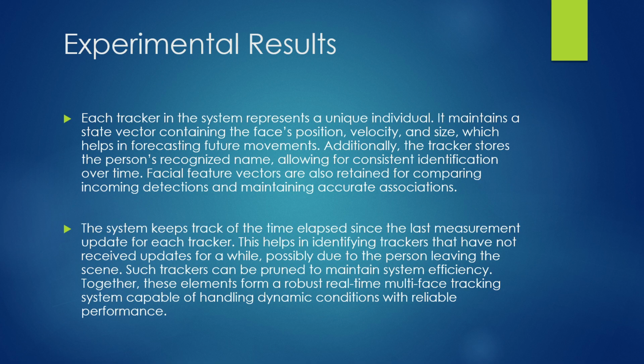Additionally, the tracker stores the person's recognized name, allowing for consistent identification over time. Facial feature vectors are also retained for comparing incoming detections and maintaining accurate associations. The system keeps track of time elapsed since the last update for each tracker.